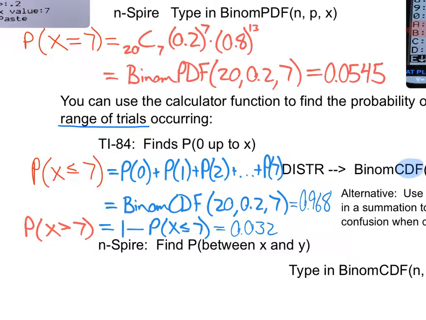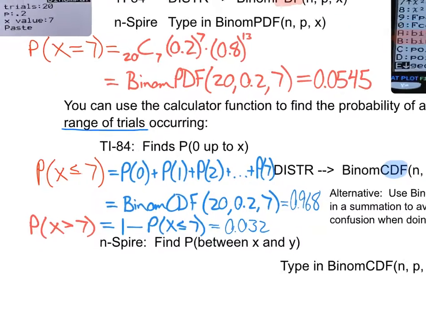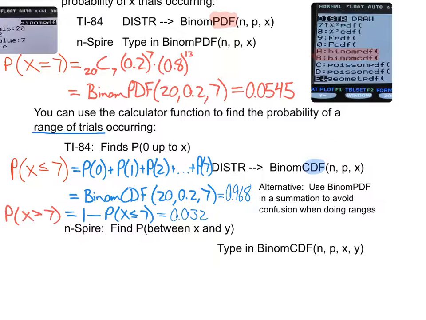Okay, now, those two aren't too bad. Where it can get tricky, and they actually learned when they built the TI Nspire, and they built in extra functionality into this binomial CDF. In the Nspire, you can put an x and a y in there, and it'll do the probability of between this and this, inclusive.